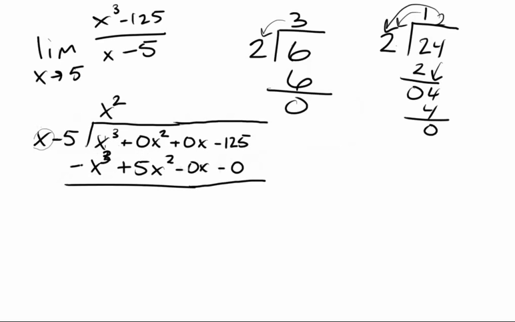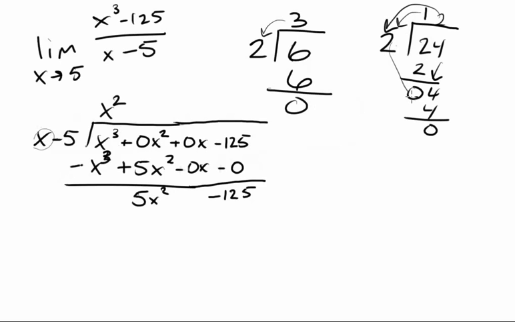But yeah, that is adding. X cubed plus minus x cubed. Okay. 0x squared plus 5x squared, 5x squared. 0. And then we'll add these. And so we have minus 125.